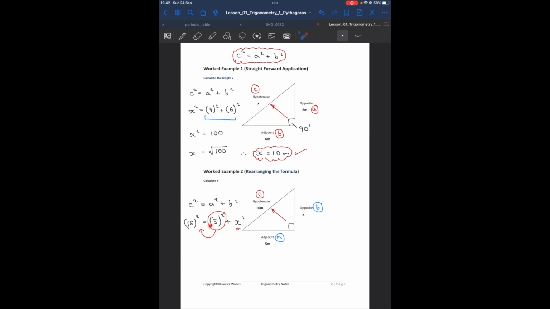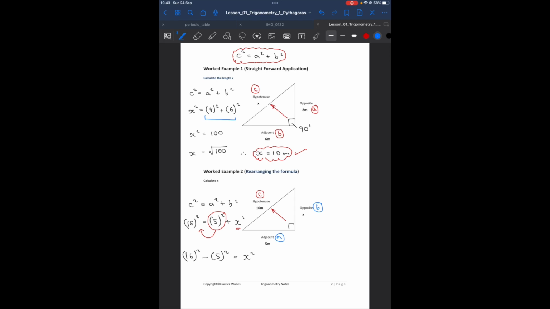So this plus 5 squared, when it goes over, becomes minus 5 squared. So on the left-hand side, we're now going to have 16 squared. Now, the 16 squared stays as it is because we haven't moved it. We're then going to have minus 5 squared equals x squared.